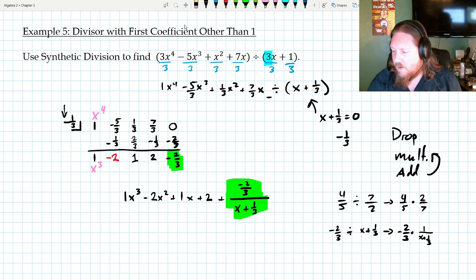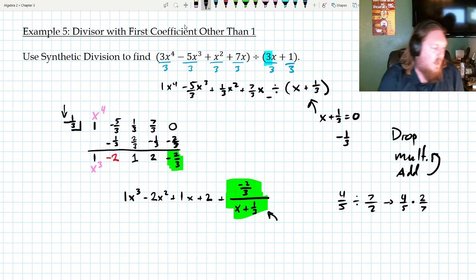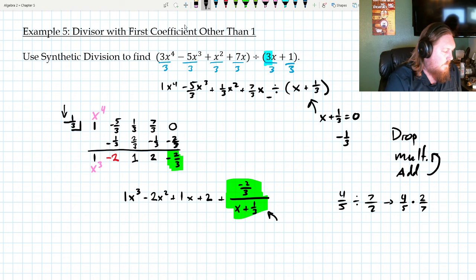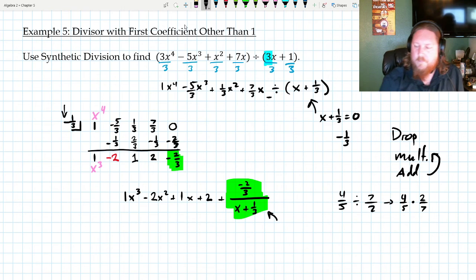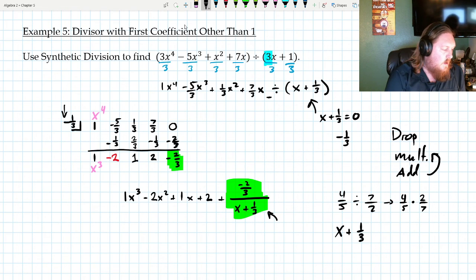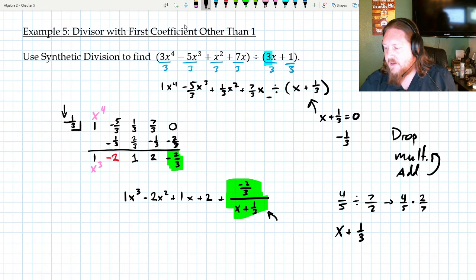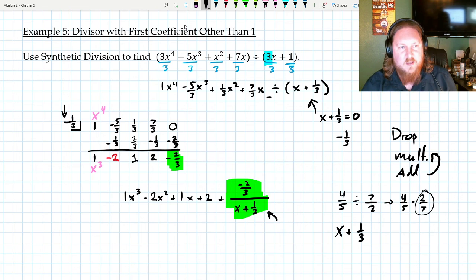Let me take that back. I want to simplify that x plus 1/3 first. I don't really want x plus 1/3. I want to change the x plus 1/3 into something, and the way I'm going to change that is by figuring it out so it's one nice big fraction instead of the two binomial parts there. See, that's where I got into trouble, is I didn't have a nice fraction like this to take the reciprocal of.